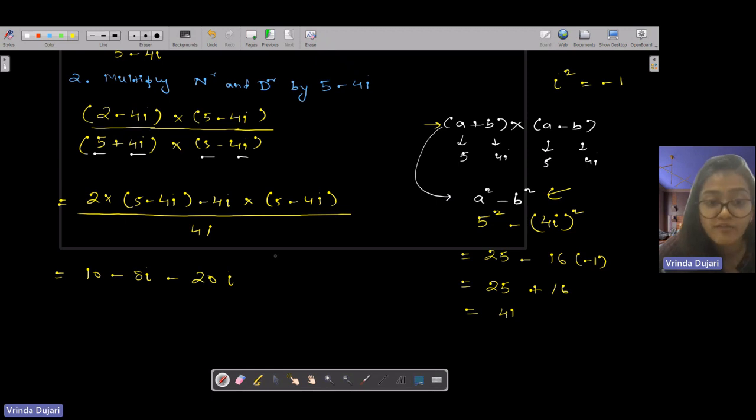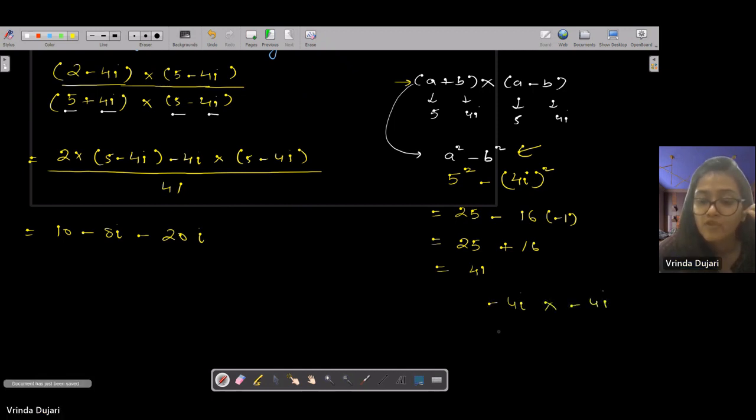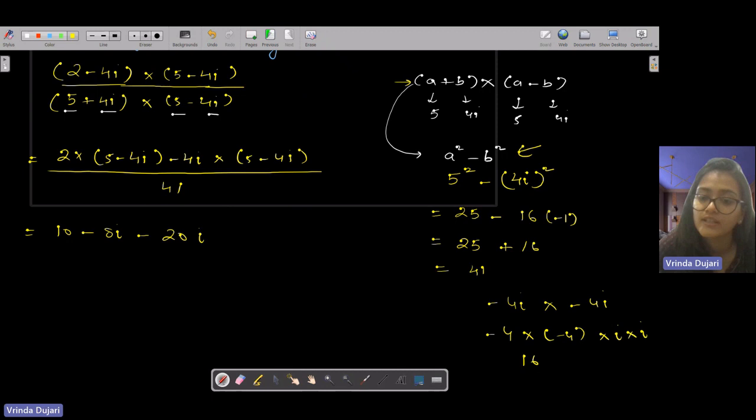And -4i times -4i, let's do this over here. -4 times -4, and let's do iota and iota separately. -4 times -4 is positive 16, and iota times iota is -1.